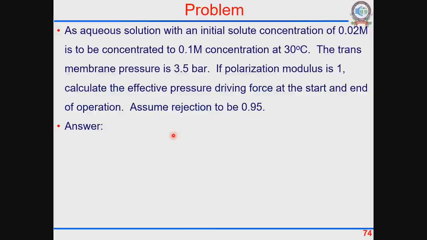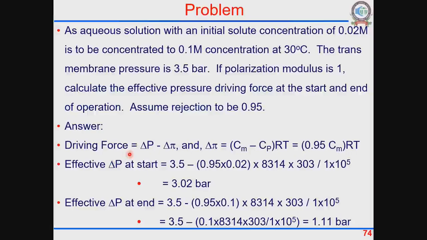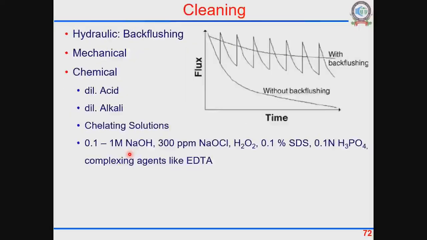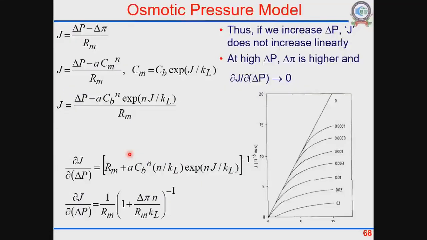Right. So you would have seen that the effective driving force, remember we had derived this expression. Flux was proportional to delta P minus the osmotic pressure driving force. Osmotic pressure driving force was arising because the concentration on the permeate side is very small, and the concentration at the surface of the membrane is very large, and that creates a reverse osmotic pressure gradient which opposes the applied transmembrane pressure.